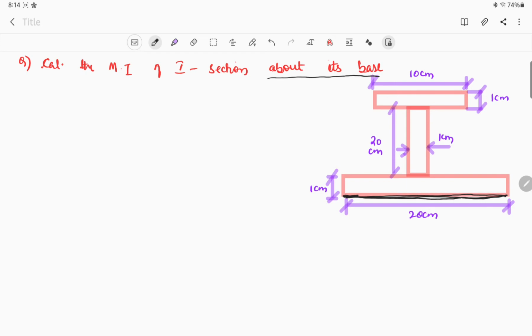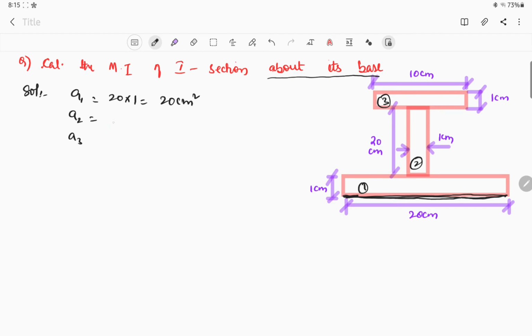So in this also, first we have to calculate our areas. How to calculate that? See here, A1, A2 and A3. This is part 1, this is part 2 I am considering, and this is part 3 I am considering. Okay, so A1 is 20 into 1, which is equal to 20 centimeter square.